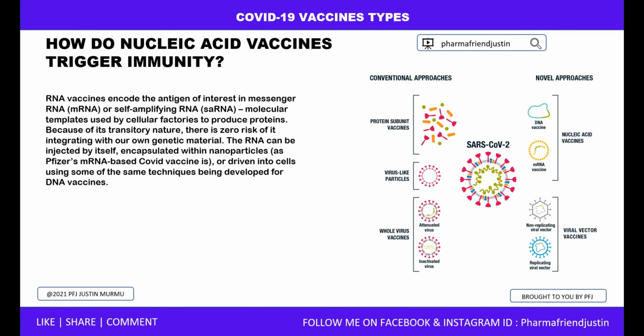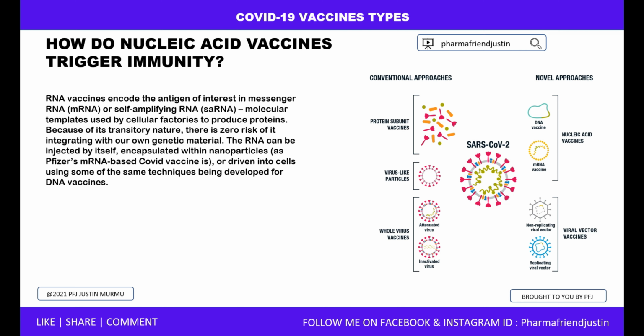RNA vaccines encode the antigen of interest in messenger RNA, mRNA, or self-amplifying RNA, saRNA, molecular templates used by cellular factories to produce proteins. Because of its transitory nature, there is zero risk of it integrating with our own genetic material.